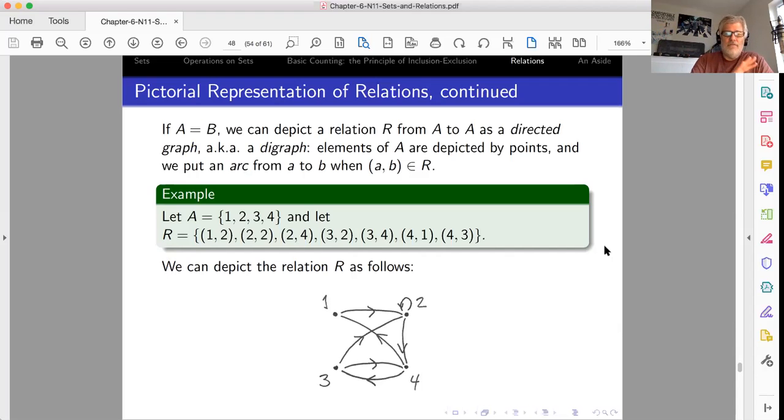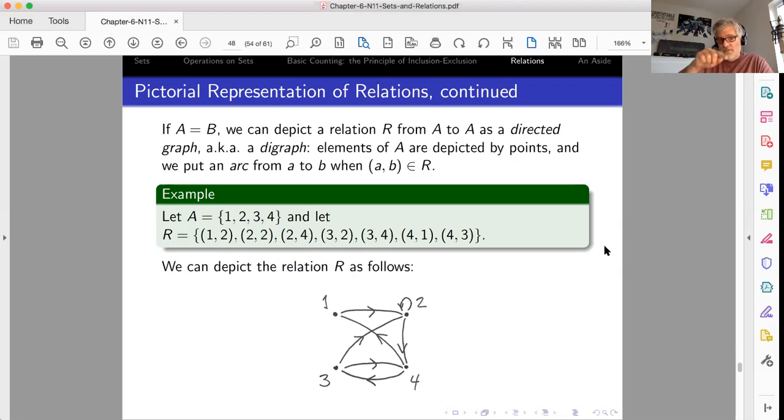So I have A equals B. I'll just call it A, of course. And I have a relation R from A to A. So these are pairs of elements from A. I can represent this as what is called a directed graph, or digraph for short. The elements of the set are points in the plane.